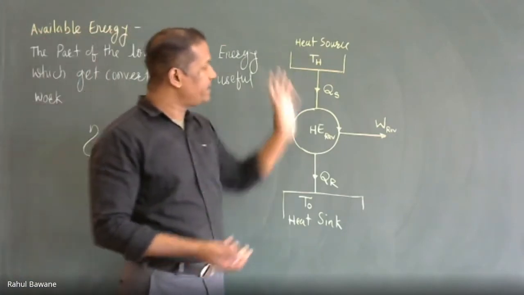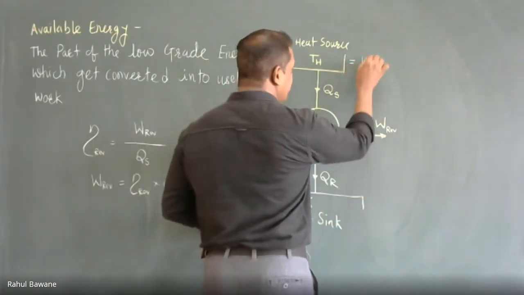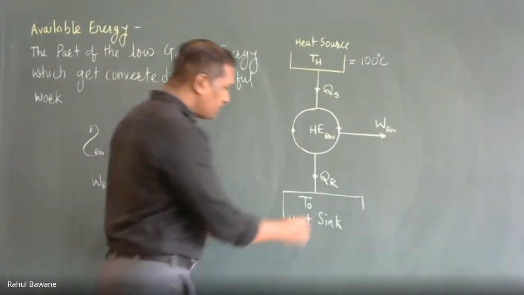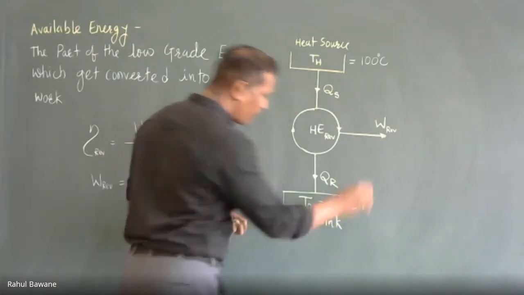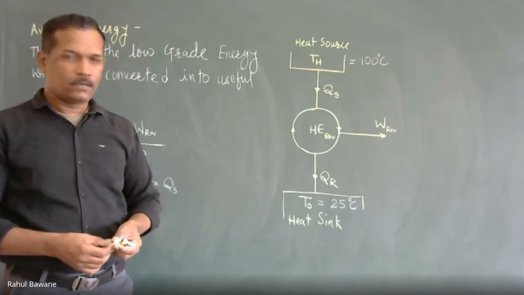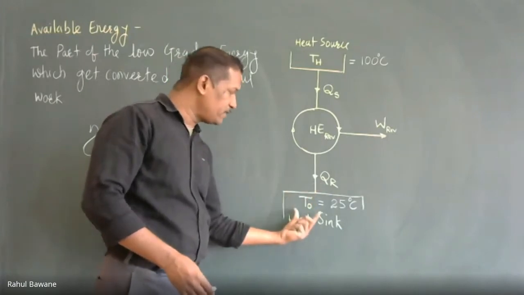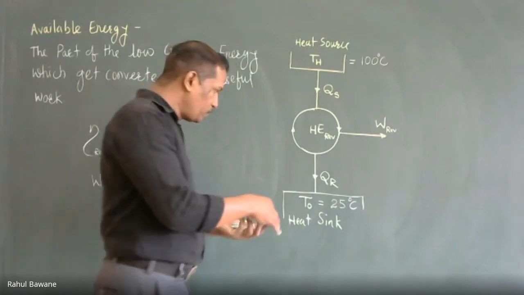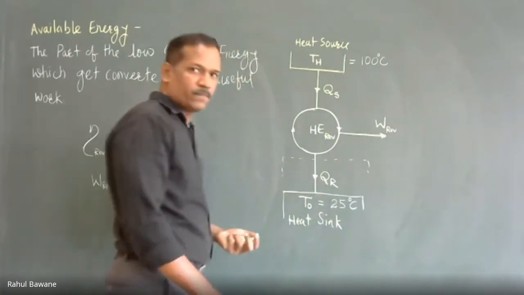Now, suppose my heat source is at, for example, 100 degrees centigrade. We are assuming. And suppose atmospheric temperature is 25 degrees centigrade. But we are not rejecting heat to the atmosphere at 25 degrees centigrade. Suppose we are rejecting heat to some higher temperature heat sink.